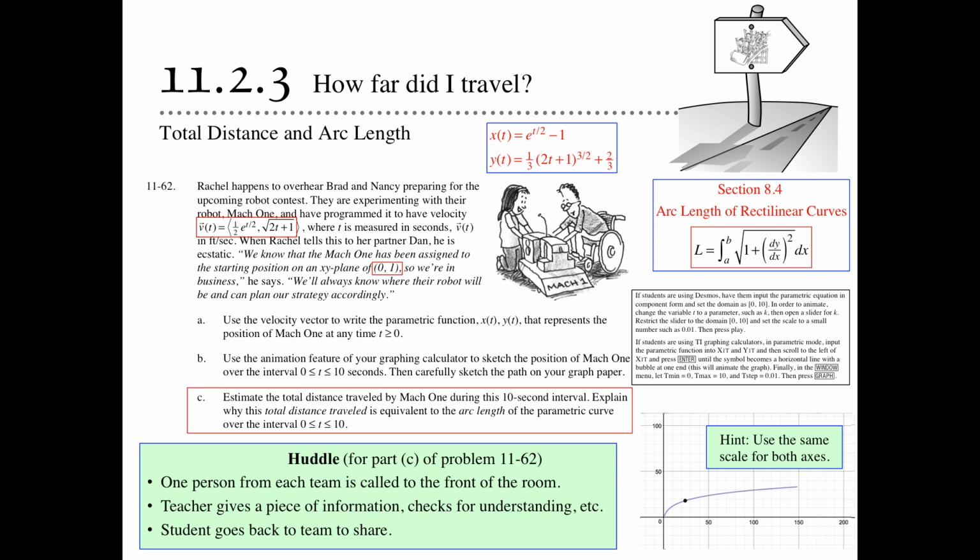Now, while this is a valid strategy, we don't want it to take so long. So do intervene if teams are taking a long time because they're only supposed to estimate. And the rest of this lesson will explore ways to write a new formula that can be used to calculate the exact arc length of a parametric curve without rewriting it rectilinearly.